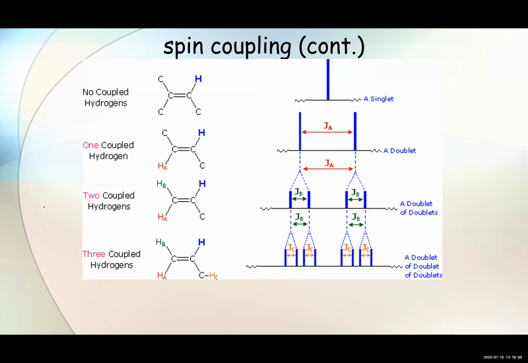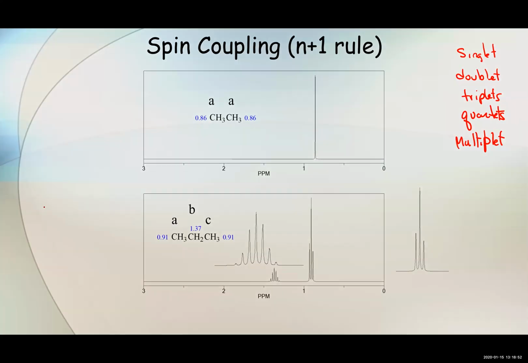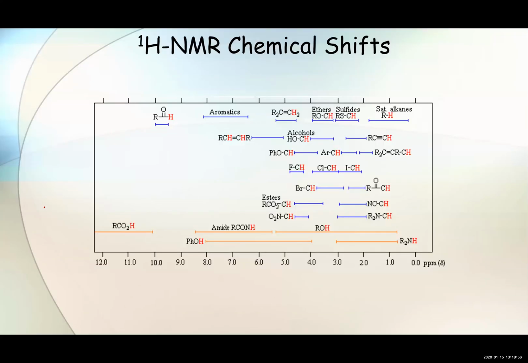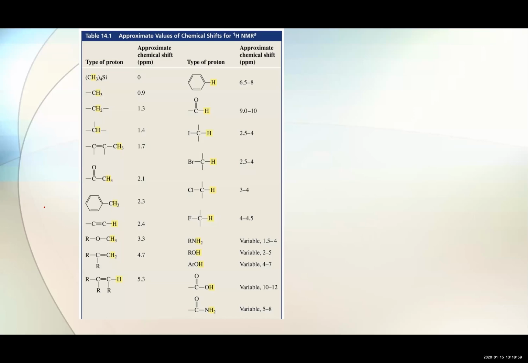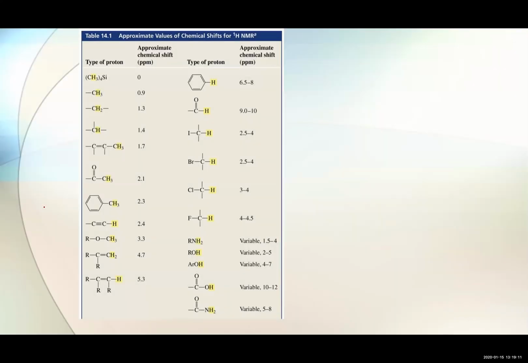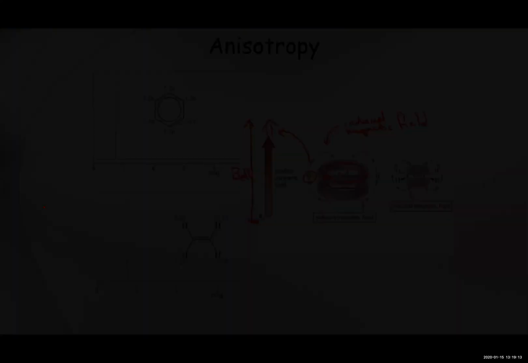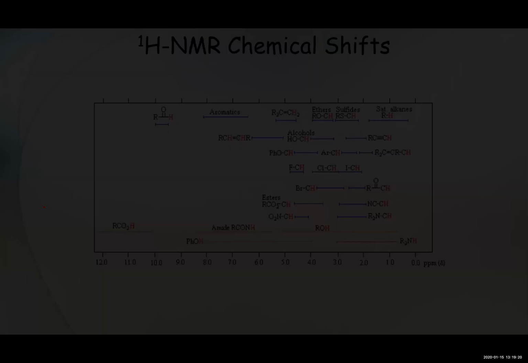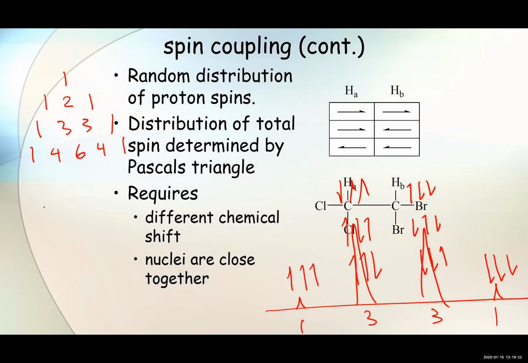Looking at these charts, a chlorine shifts it to about 3 to 4, so it adds about 2.